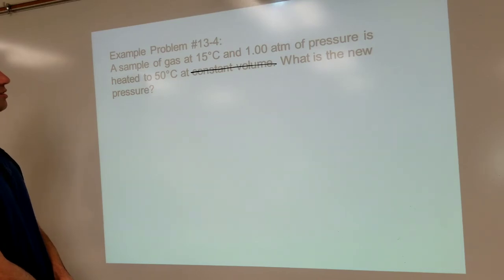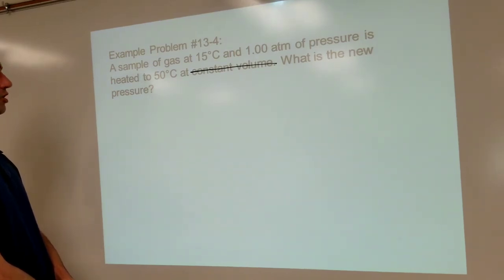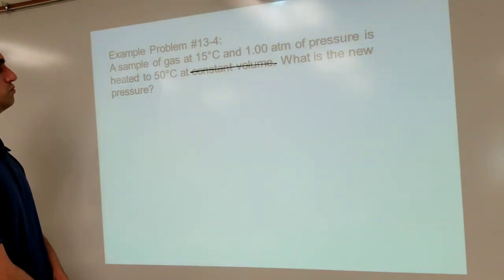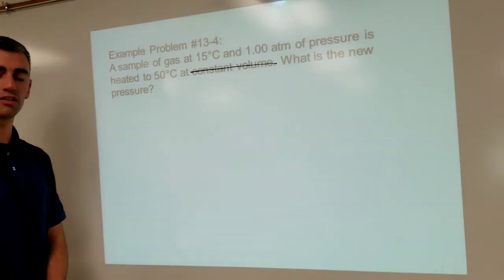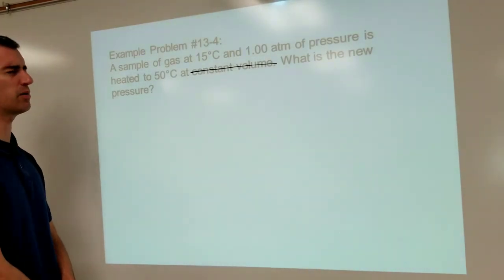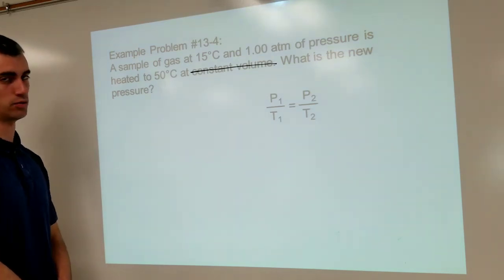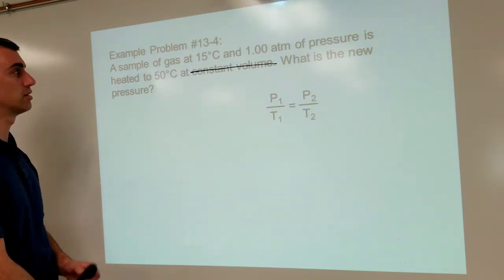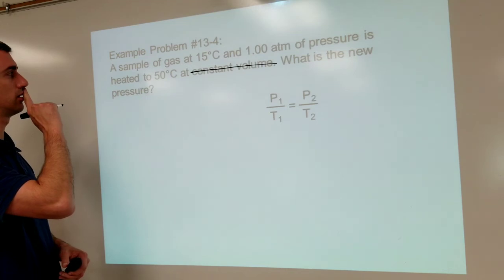So what that means is we've got temperature and pressure. So you reach down into the recesses of your memory and think, what do I remember that involves temperature and pressure? That equation. Next, it says it is heated to 50.